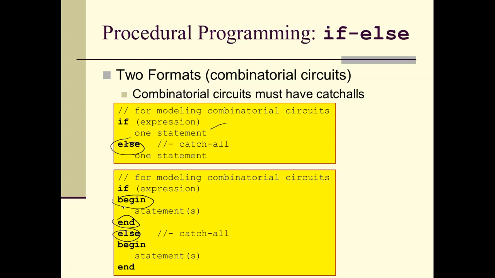It just makes it easier to read. If I don't put a begin and end in there, I can put only one statement in there, very much like C programming. If I put a begin and end in there, I can put as many statements as possible associated with that if. So once again, if you've only got one statement associated with the if, you don't need the begin and the end.